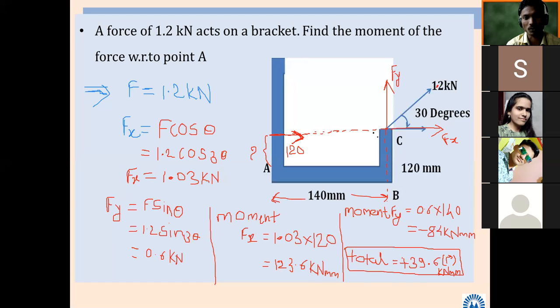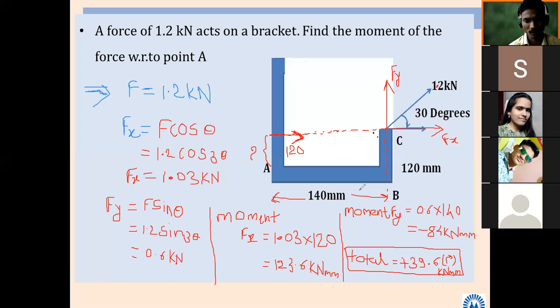Line of action of force you have to remember. Perpendicular distance: while calculating the distance, you have to take utmost care. If you make a little mistake, then your problem will go wrong. That is the specialty.